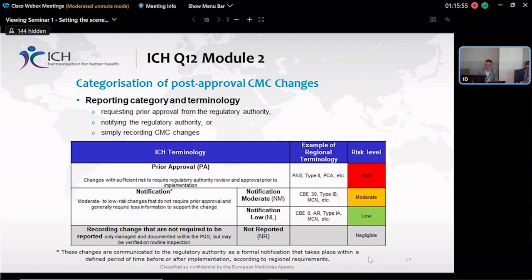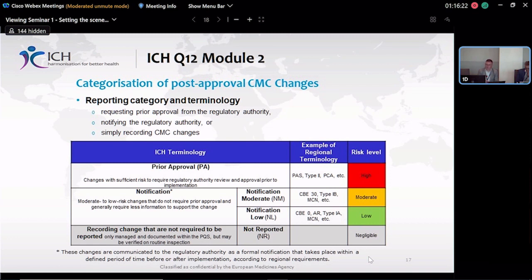So you can see within this system of categorization gives a clear instruction to the industry and a clear outline in terms of expectations on procedures to be followed, timelines, and the complexity of these regulatory procedures commensurate to the risk that's posed by the change.